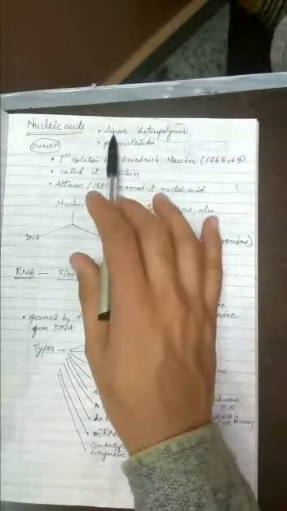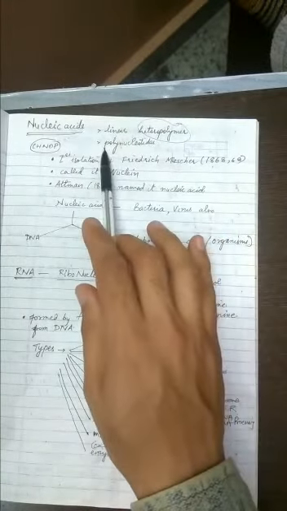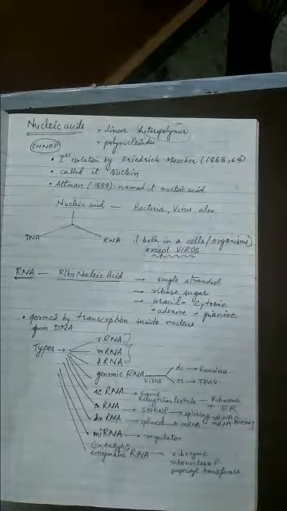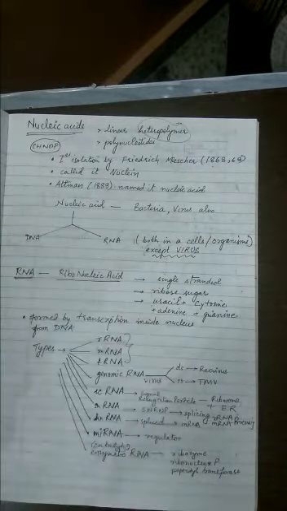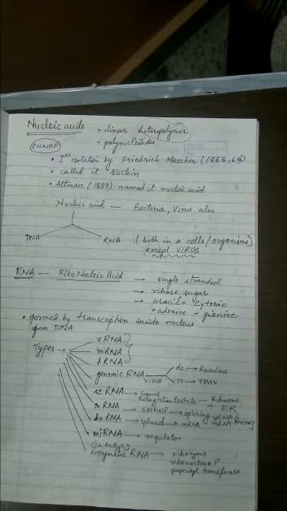Now next, this is the linear heteropolymer. It is also called a polynucleotide, and remember nucleic acid is made up of CHNOP. That means carbon, hydrogen, nitrogen, oxygen and phosphorus. Now nucleic acid for the first time was isolated because by this time technology had improved a lot in the biology lab or biochemistry lab.